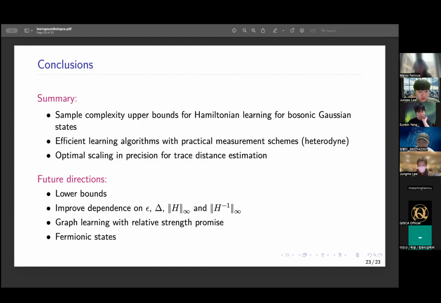Which model of local Gaussian channels are you thinking about? There could be several models. Like, I don't know, Gaussian Lindbladians, or networks of Gaussian channels.